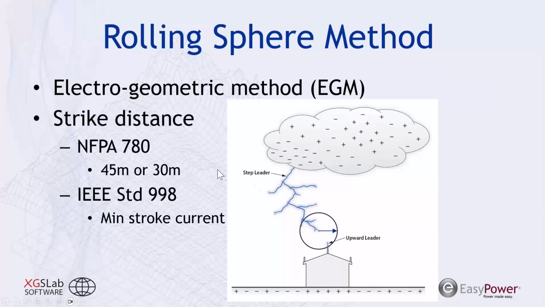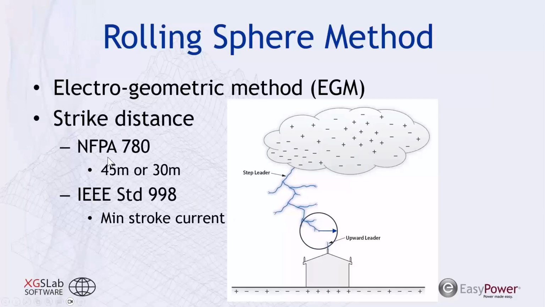Now you can relate that to a sphere size from your lightning as it comes down. And you can see this illustrated here. This little circle represents the striking distance off of the end of our downward leader, and it's within the upward leader, so you're anticipating the next step will be this strike, and then you have a return stroke current.